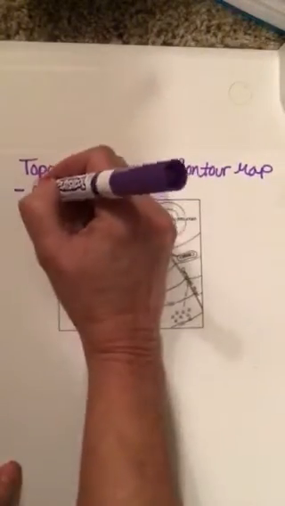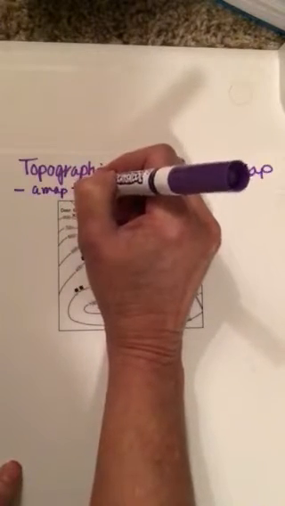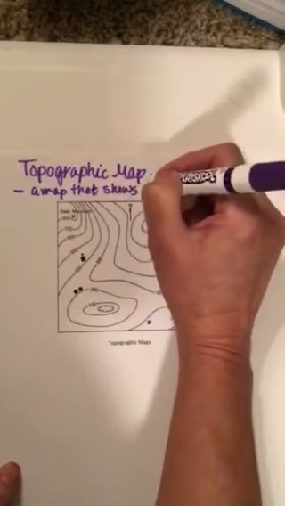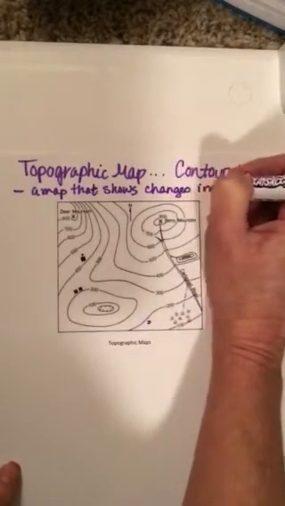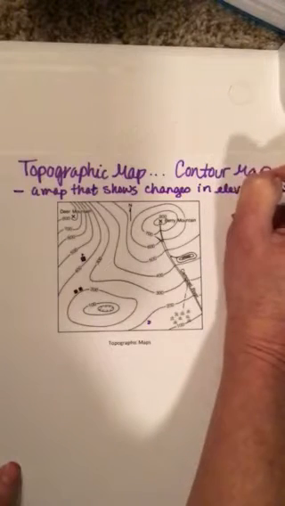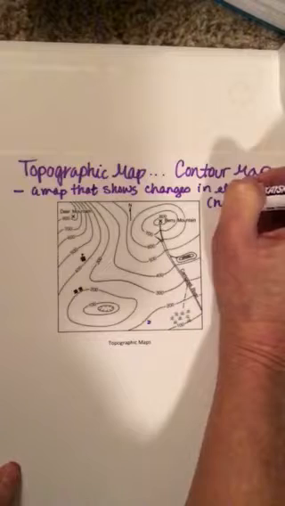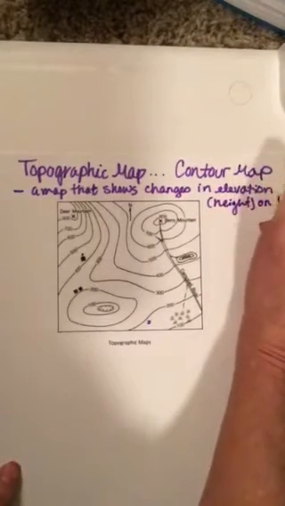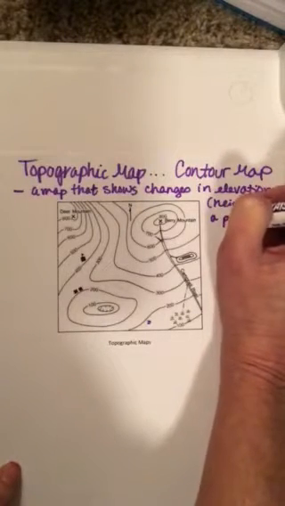It's a map that shows changes in elevations or height, meaning how high you get, on a flat surface or on a page.